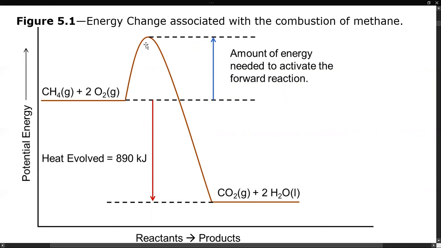We have to get it over some energy barrier, which we'll call the activation energy, because, hey, methane doesn't burn just all by itself. Usually it needs some ignition source. That's going to provide that energy required to get it to go. Notice the products are at a lower energy. The difference is the amount of heat released to the environment. In this case, 890 kilojoules of heat evolved from that reaction.